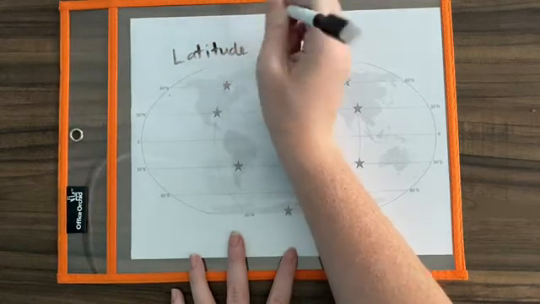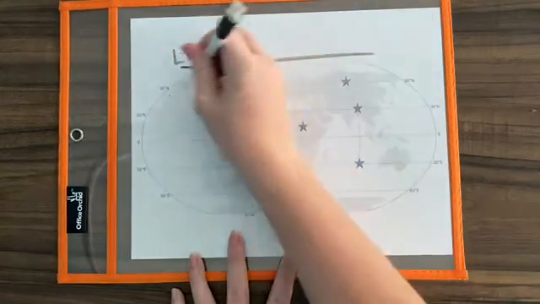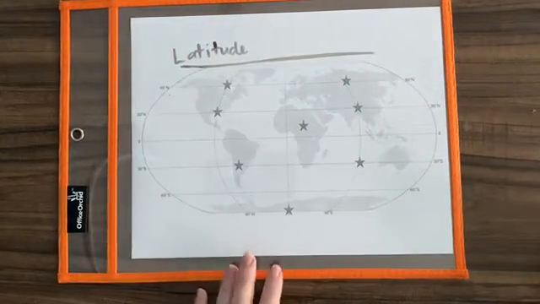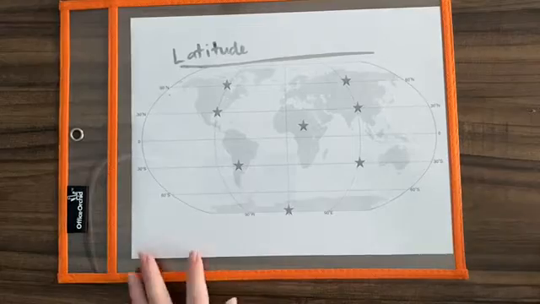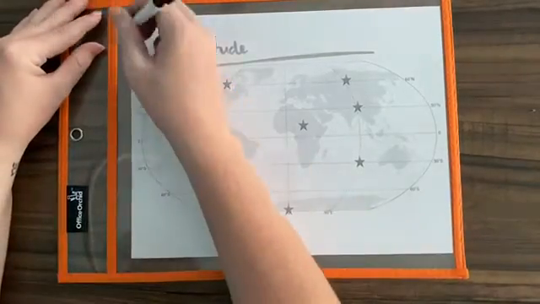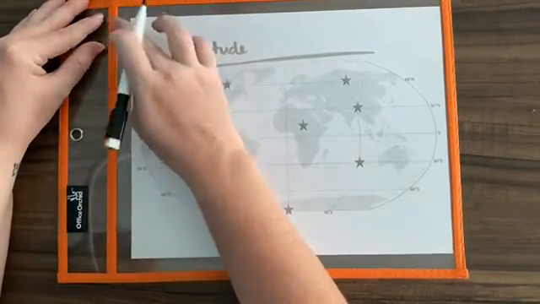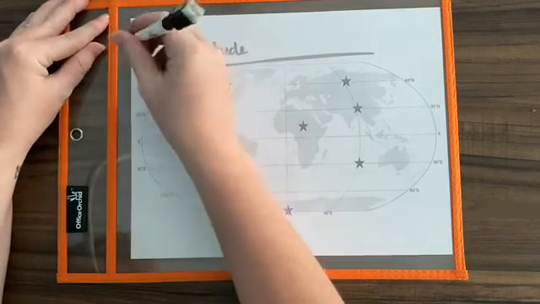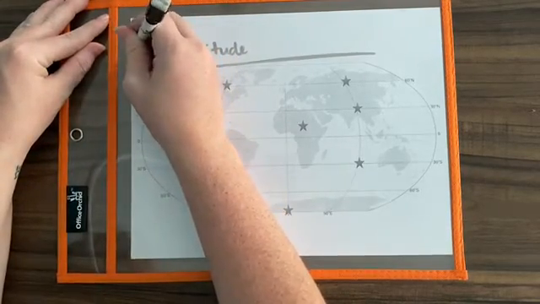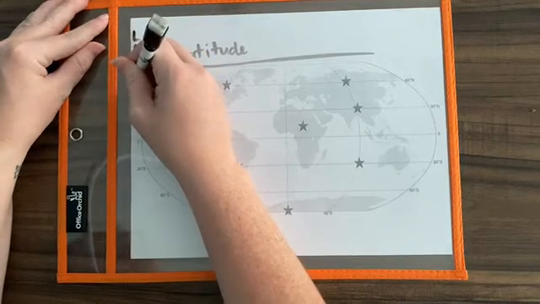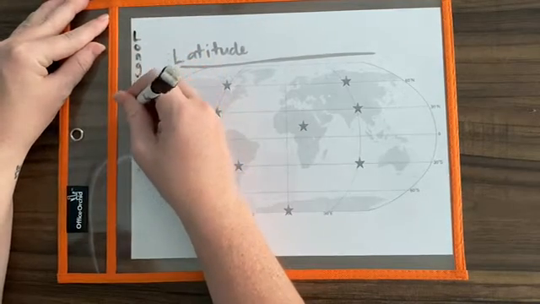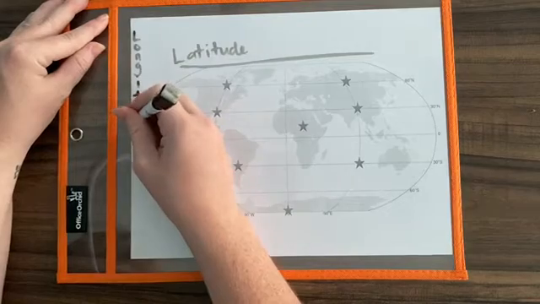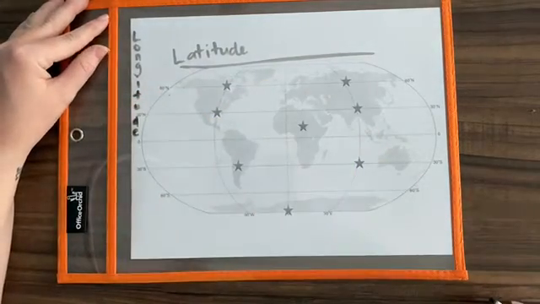If you said that latitude goes across the top, you were correct. So that means that longitude goes this way. I'm gonna write longitude up here so that you can read, okay?